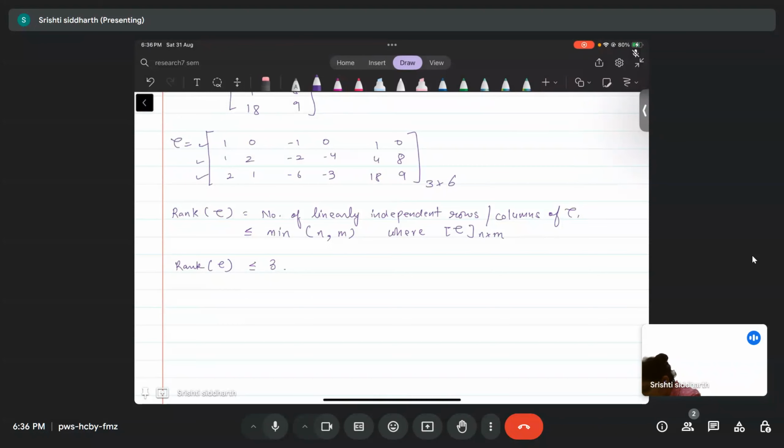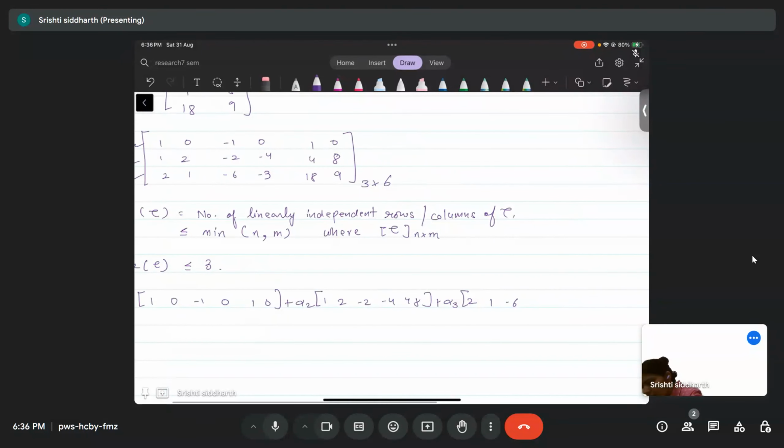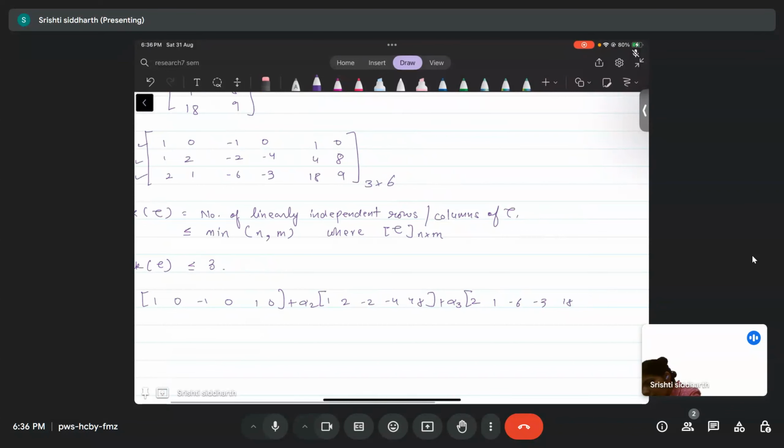Let's say there is some coefficient alpha 1 times [1 0 -1 0 1 0] plus alpha 2 times [1 2 -2 -4 4 8] plus alpha 3 times [2 1 -6 -3 18 9] equals zeros. So it's 1 2 3 4 5 and 6.